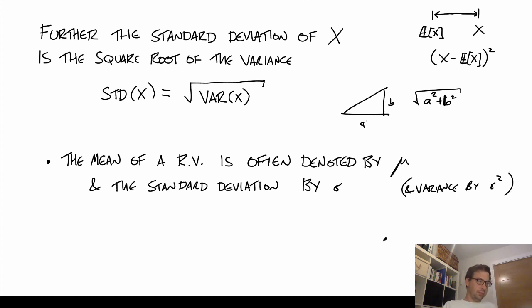So often we use the Greek letter mu for the mean and the Greek letter sigma for the standard deviation. We don't have to define it that way, it's just a common notation.